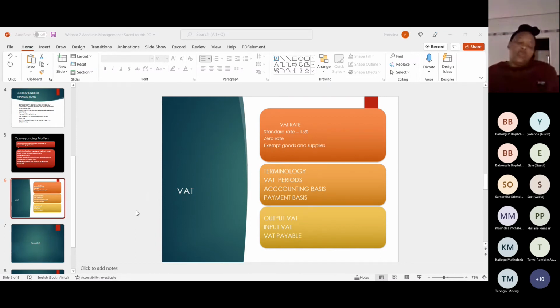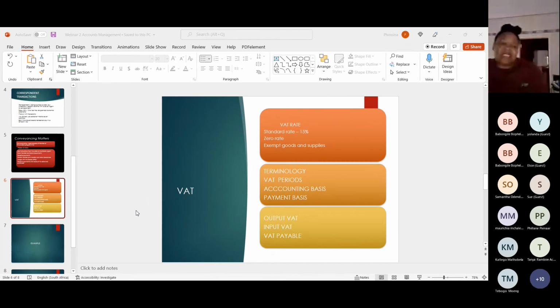So usually with a dividend tax, what would happen is that you prepare your financials, you pay your income tax, you are left with a profit. After that, you declare a dividend out of that profit. The company withholds 20%, and then they pay it over to SARS. So you'd find a dividend is a bit on the expensive side.